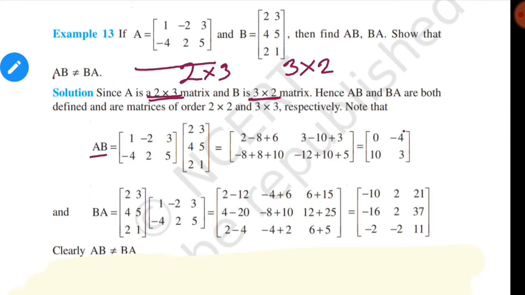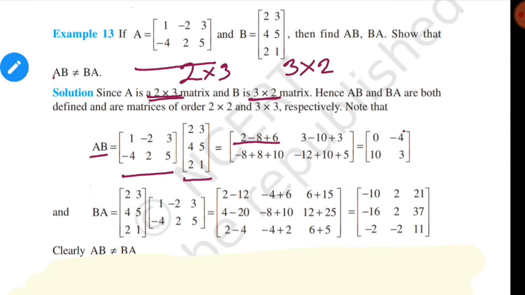Find AB. AB equal to matrix 1 minus 2 3, minus 4 2 5, into matrix 2 3, 4 5, 2 1. Then find their products. Multiply the first row of the first matrix with the first column of the second matrix. Then we will have 1 into 2 is 2, then minus 2 into 4 is minus 8, 3 into 2 is 6.